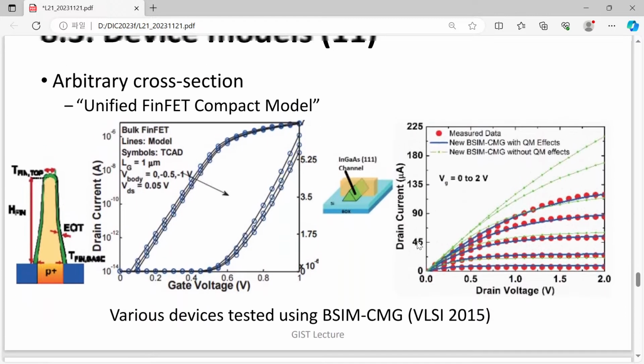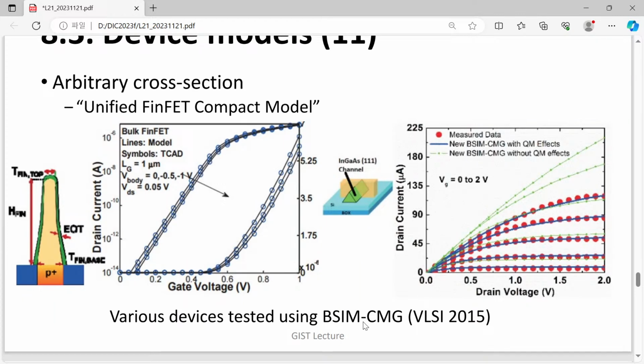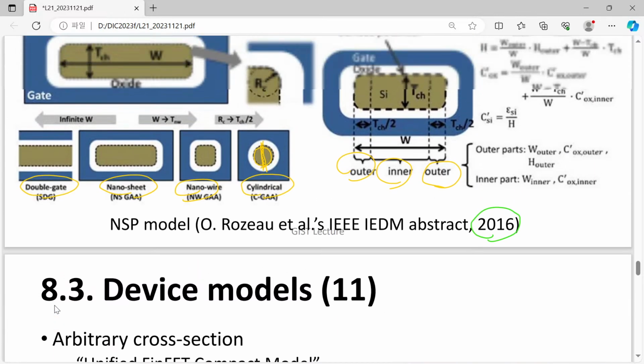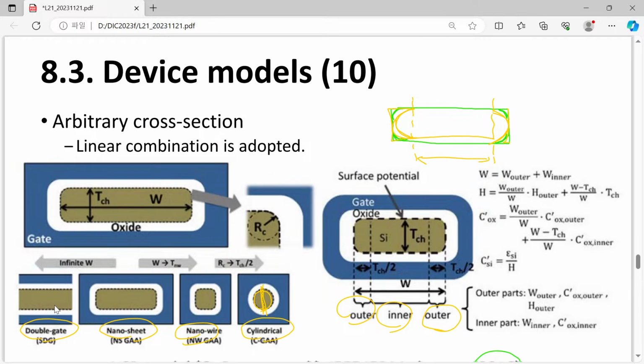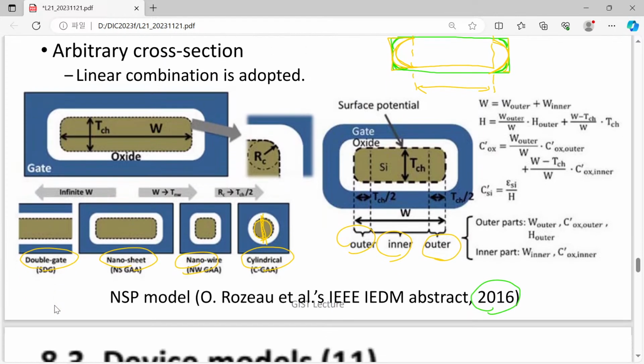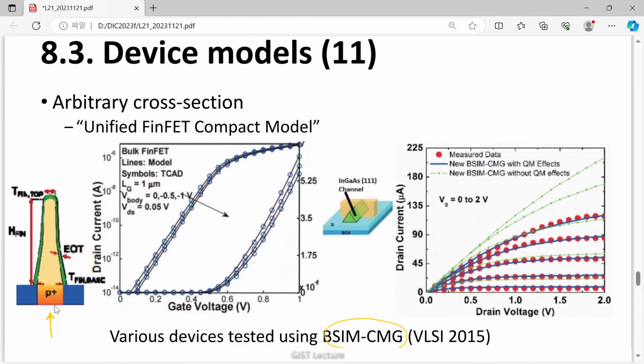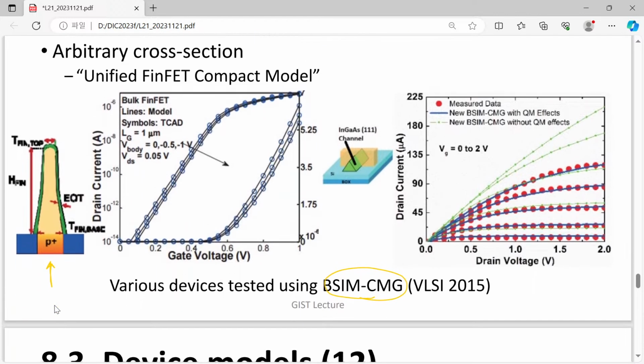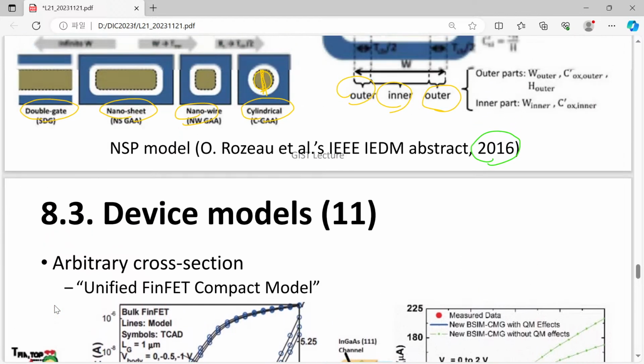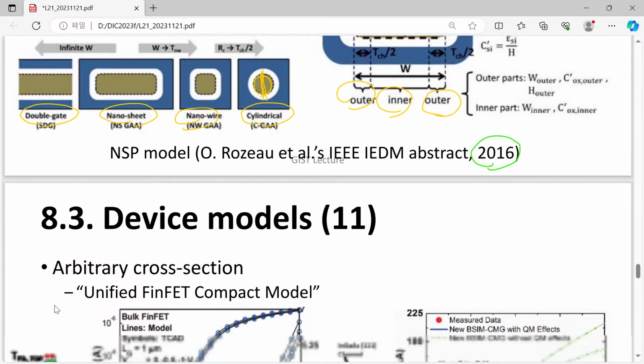What is actually used in the BSIM model, the standard model? For example, the real FinFET looks like this. Can you find any resemblance between this and this nanosheet device? Actually not. It means that you have to develop a FinFET model, and your FinFET model cannot be applied to your nanosheet model. Then you have to develop another one.